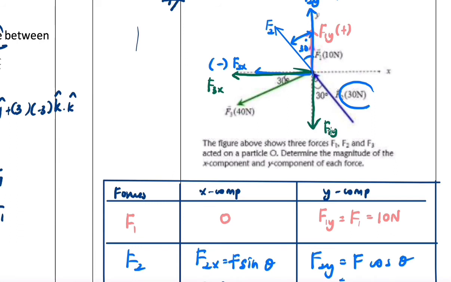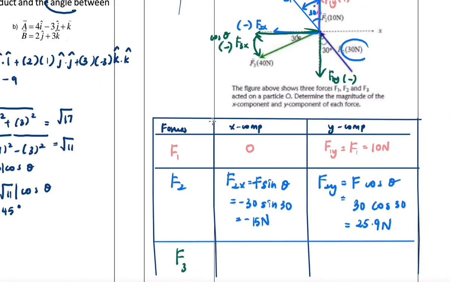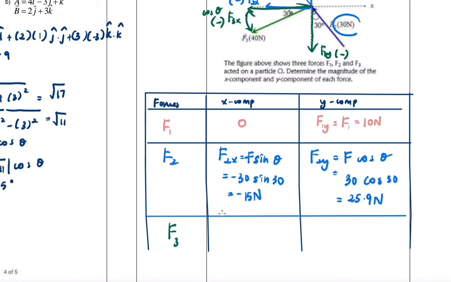Okay, dah lukis, kita check the signs. Yang ni ke kiri, so it's negative, yang ni ke bawah, so it is negative also. Angle kita dikepit oleh x-axis and the vector, so x yang akan jadi cos theta. Okay, dah cukup information, kita masukkan balik in our table. F3x equals to F cos theta.